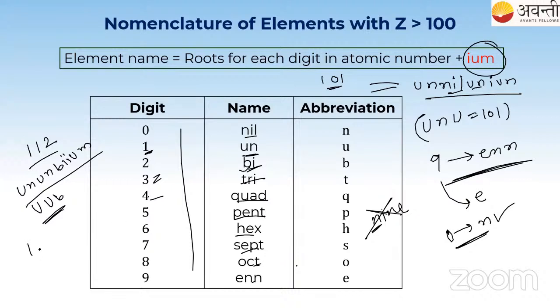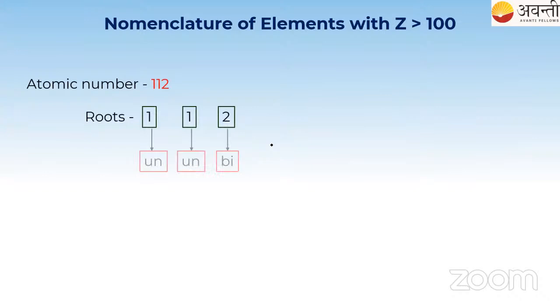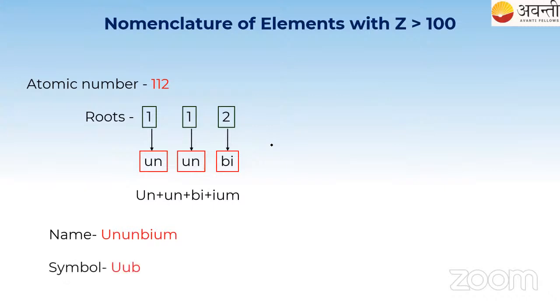Next, suppose 109. 1 means U, 0 means N, 9 means E. Une is the short abbreviation. I hope you can remember it very easily. Let me show you another. For 112, the symbol will be Uub.